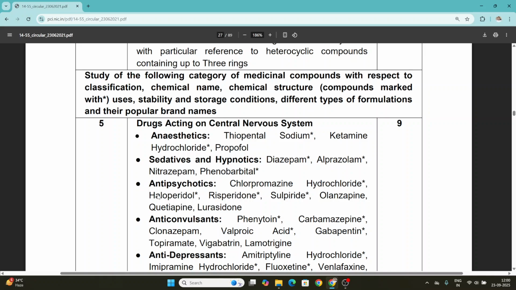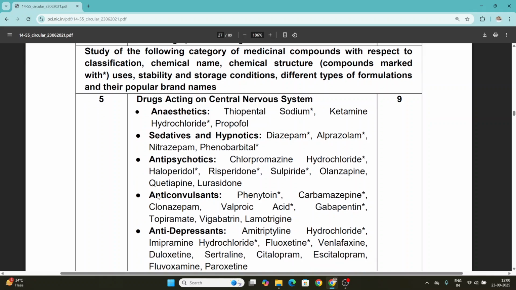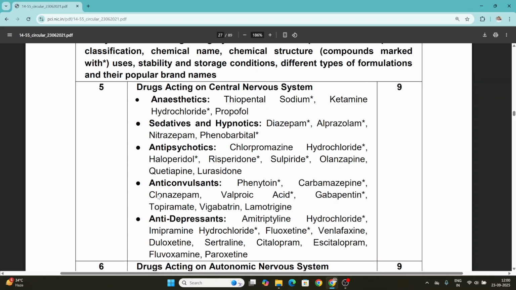Chapter 5. Drugs acting on central nervous system. Anesthetics: thiopental sodium, ketamine hydrochloride, propofol. Sedatives and hypnotics: diazepam, alprazolam, nitrazepam, phenobarbital.